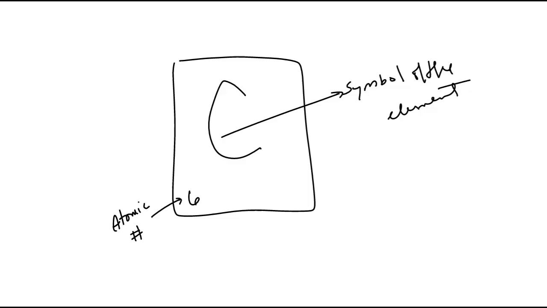It's usually in the bottom corner on the left or the top right corner. It is a single number that changes from element to element. Then we have a number with decimals. That is the atomic mass. And that's the basic minimal information any periodic table will have.